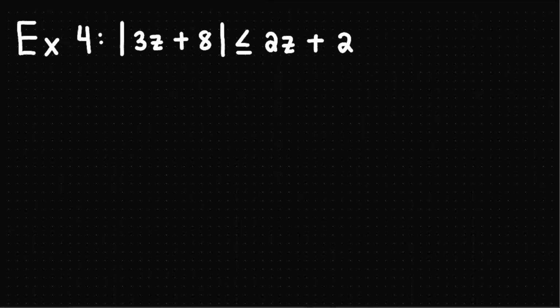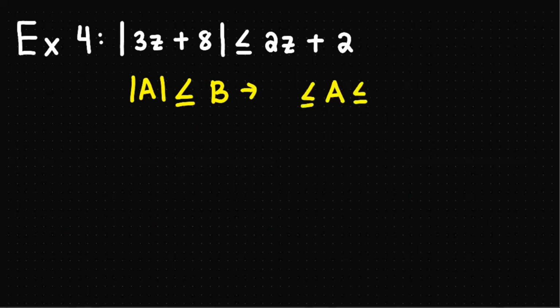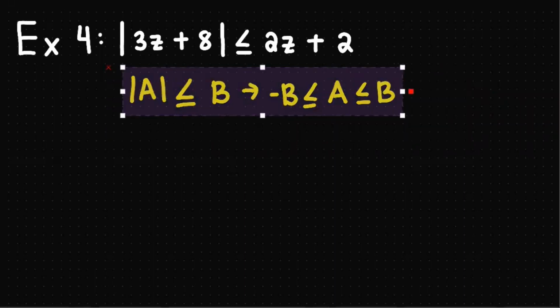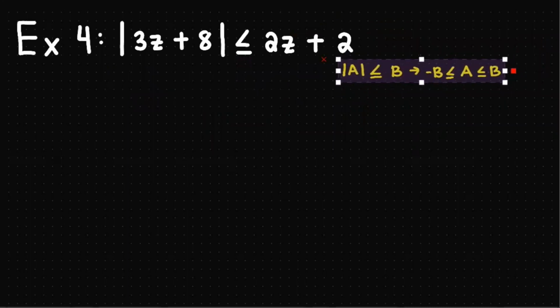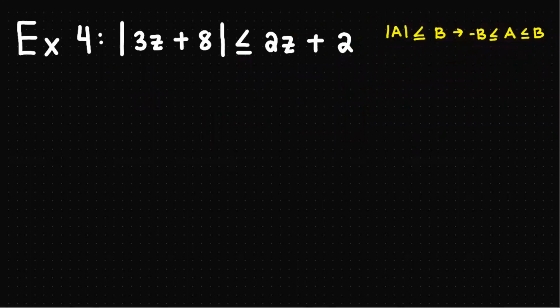There. For our last example, we'll have this problem. So similarly, it is of the form absolute value of A is less than or equal to, this time, B. So since we have an equal to, then we'll simply have A is from negative B to B. So we apply this idea on our problem.